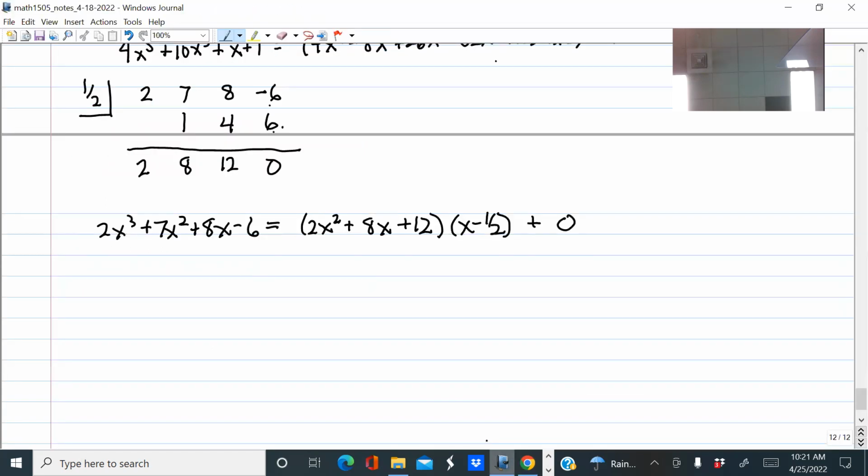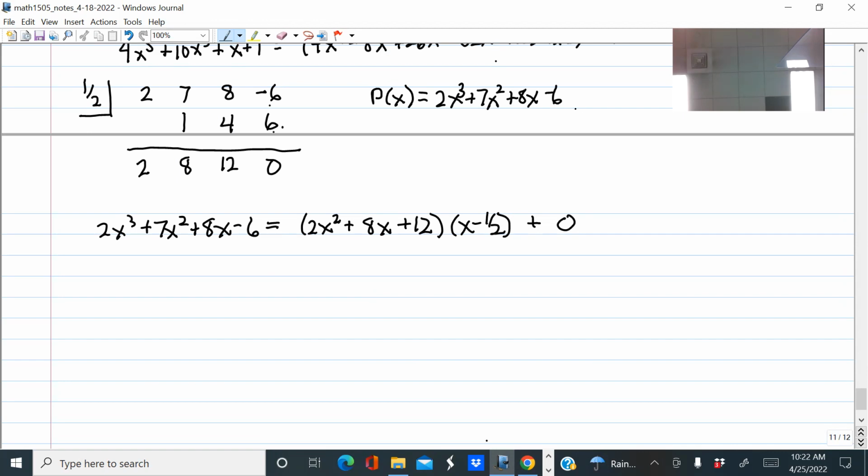Let's go back to the notes here, though, because this is going to come up in other problems. So if you were looking for that original polynomial, if you were looking for all of its x-intercepts, so that original polynomial was 2x cubed plus 7x squared plus 8x minus 6.